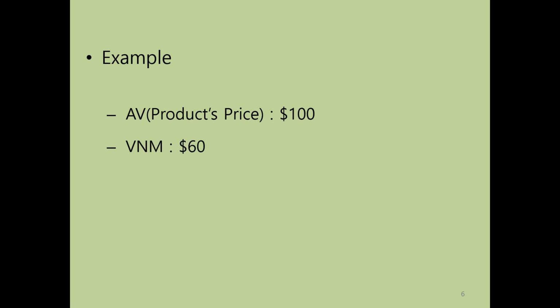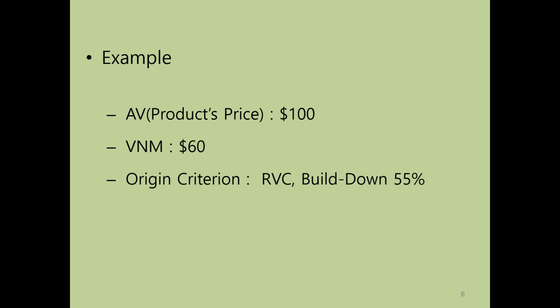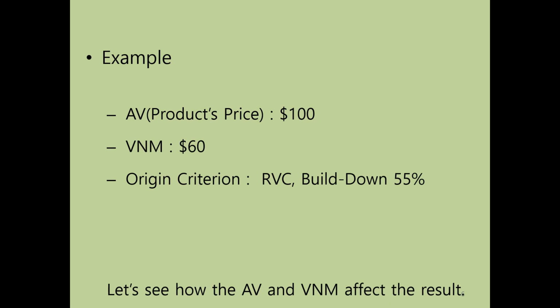We will assume that AV, which is product's price, is $100 and VNM is $60 and the origin criterion of the product is built on 55%. We will see how these two factors, AV and VNM, affect the RBC rate. RBC rate is AV minus VNM divided by AV.